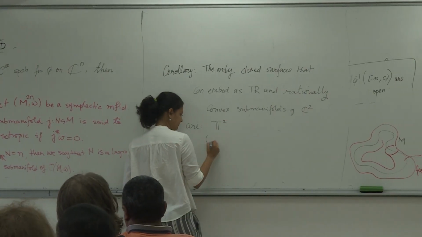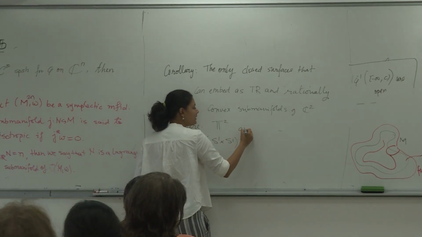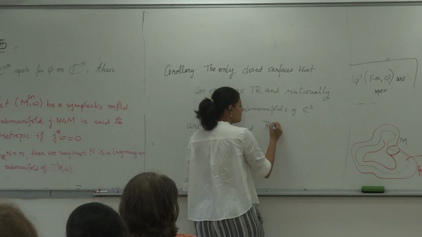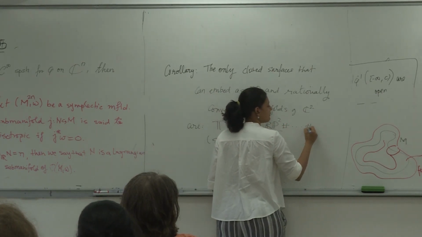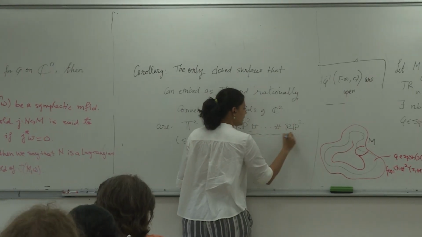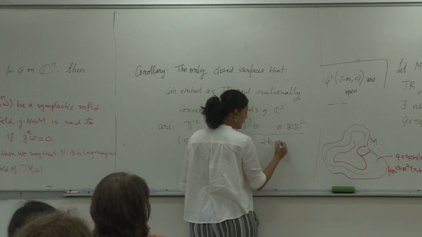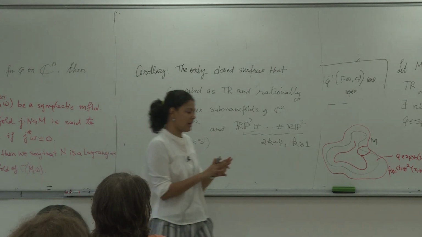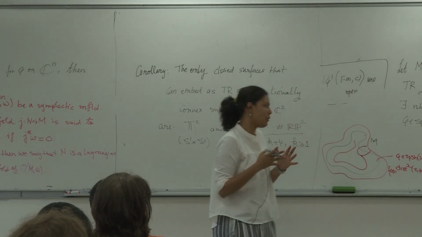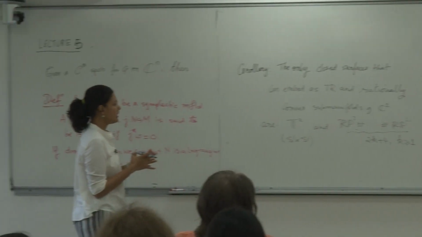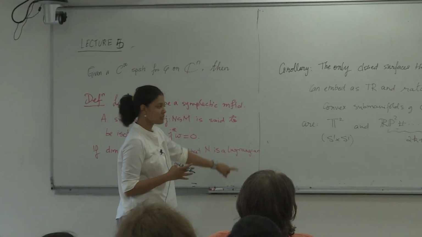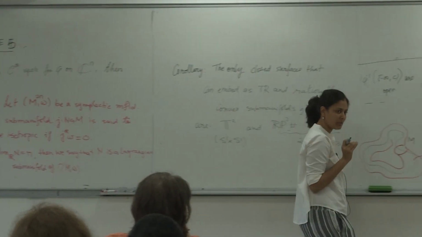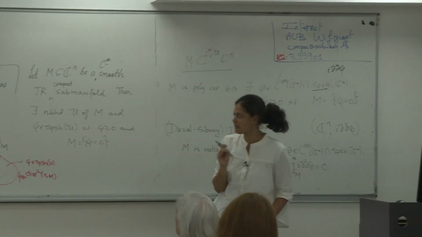You have the torus, and we've already seen this embedding, and you're allowed certain non-orientable surfaces, the connected sums of RP2, and there's a constraint: the number of these can be 2k plus 4, and k has to be greater than or equal to 1. The Klein bottle was open for some time, but it does not admit a Lagrangian embedding into C2. So these are the only ones where you have both totally real and rational convexity, if you only care about n-dimensional submanifolds of Cn.